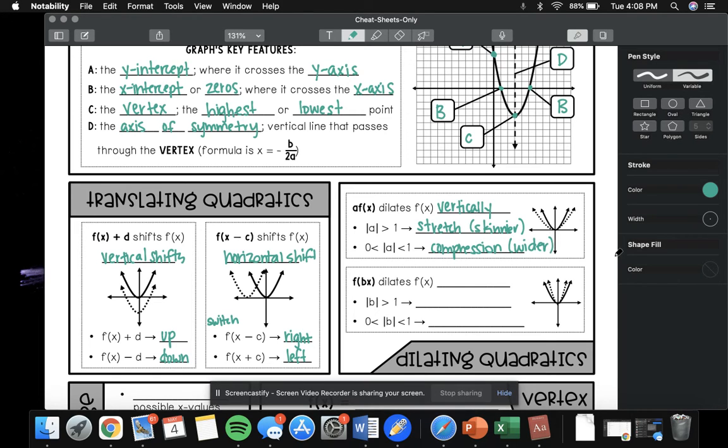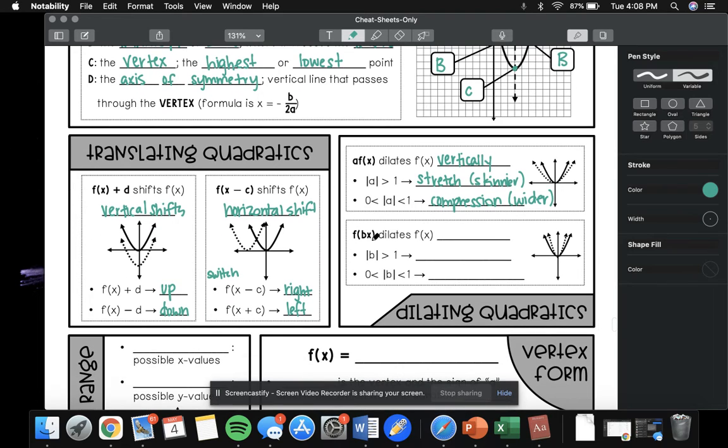Then if we dilate something inside the parentheses, that is actually a horizontal dilation. So if I horizontally have a number bigger than 1, it actually is compressing it down, which does make it skinnier if I compress something horizontally left to right, like inward.